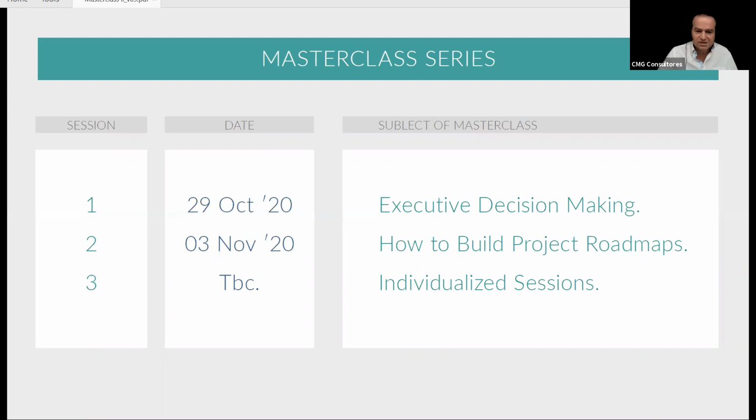And this is a strategic decision that probably you have to take. This is the first idea of session 1. The second one is how to have relevant information to be a proactive manager.